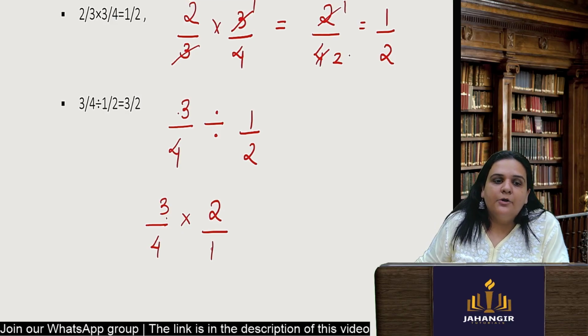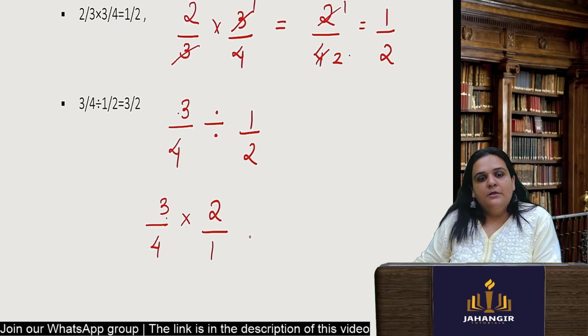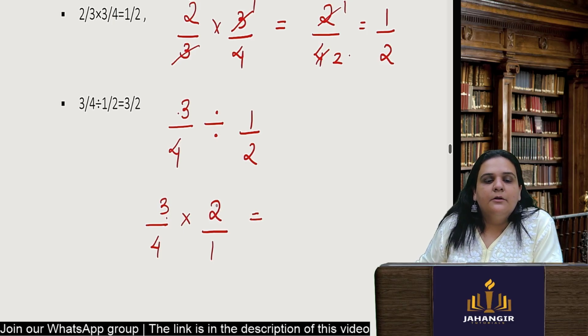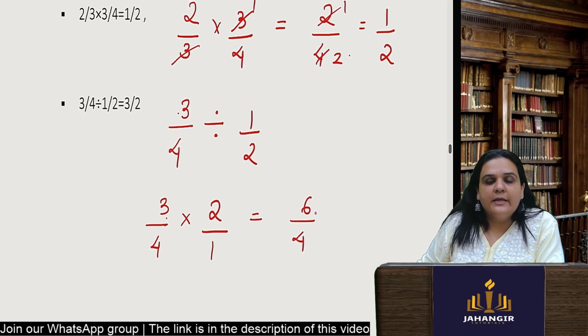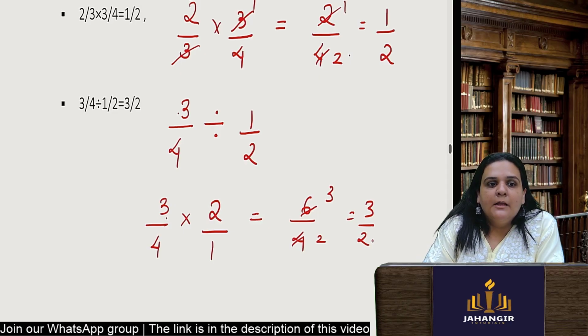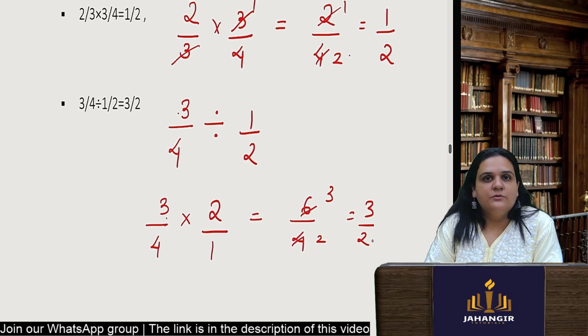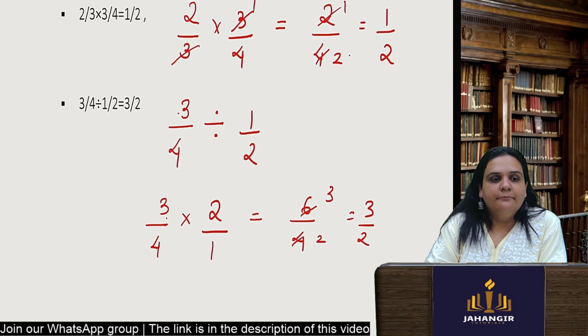Instead of 1 upon 2, I will do 2 upon 1. So this is going to become 6 upon 4. You want to make it in a more simplified form, so it can be divided by 2. 2 3s are 6, 2 2s are 4. So 3 upon 2. The answer should be right. You all are not allowed to use a calculator. So you all have to solve with pen and paper. Okay.